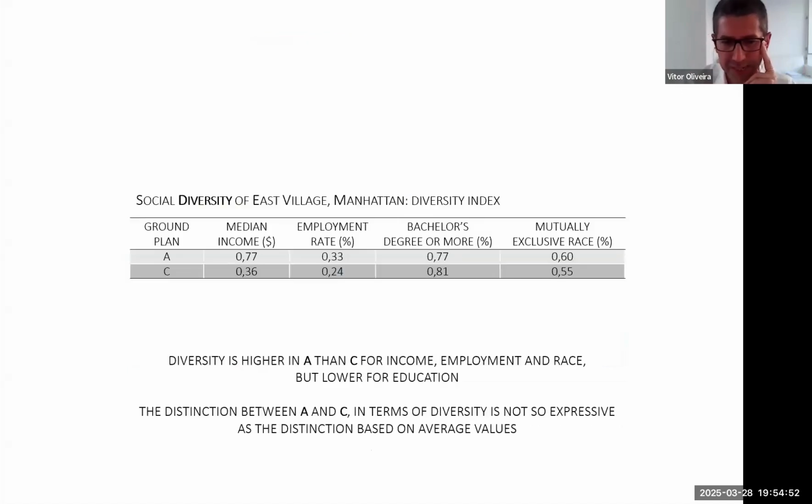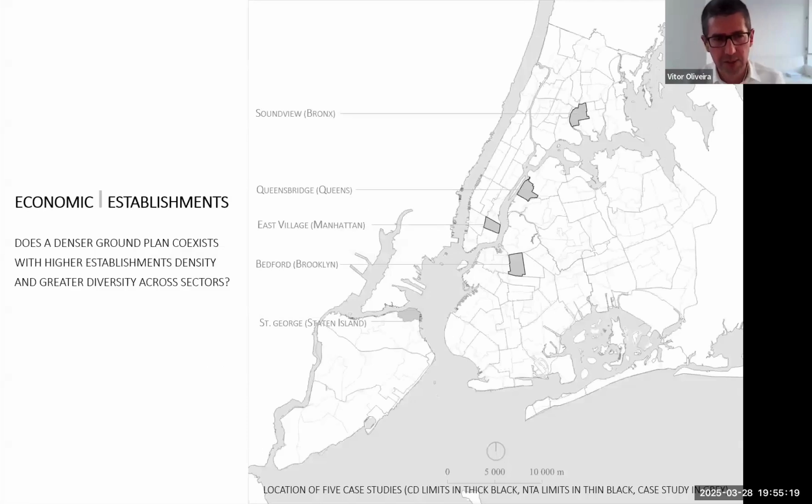We found that diversity is higher in A than in C for income, employment, and race, but it was lower for education. So this means that this distinction is not so expressive when we look at the whole interval as when we look just at the average values.